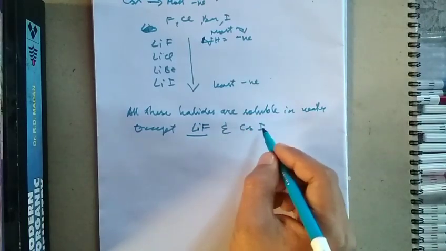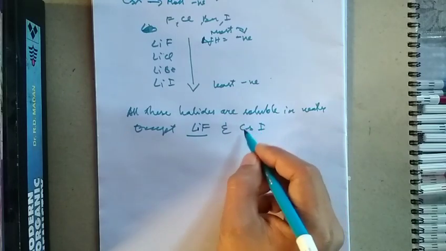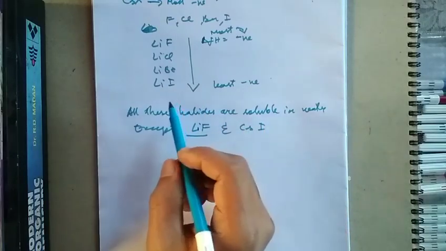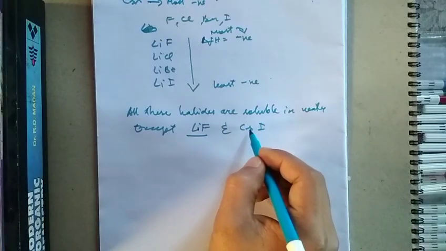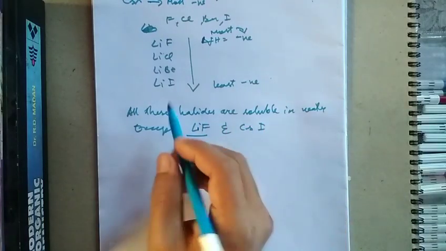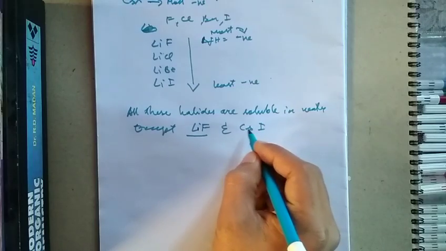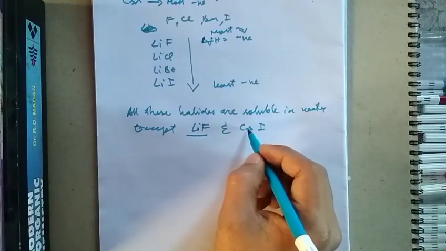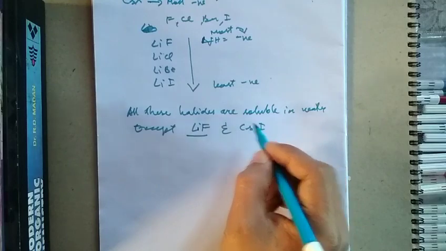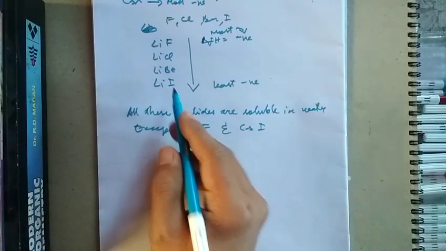Now these two are the largest, or bulky, molecules. CsI: Cs is the last element in the alkali metals, and I is the last one among the halogens.